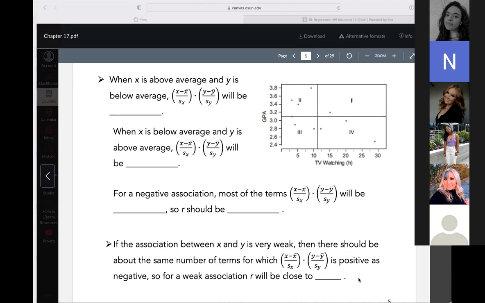Is it 0? It is 0, right? If lots of them are positive, we expect a positive number. If most of them are negative, we expect a negative number. But if we have the same amount that's positive and negative, and they're all over the place, then when you add them we would expect something close to 0.